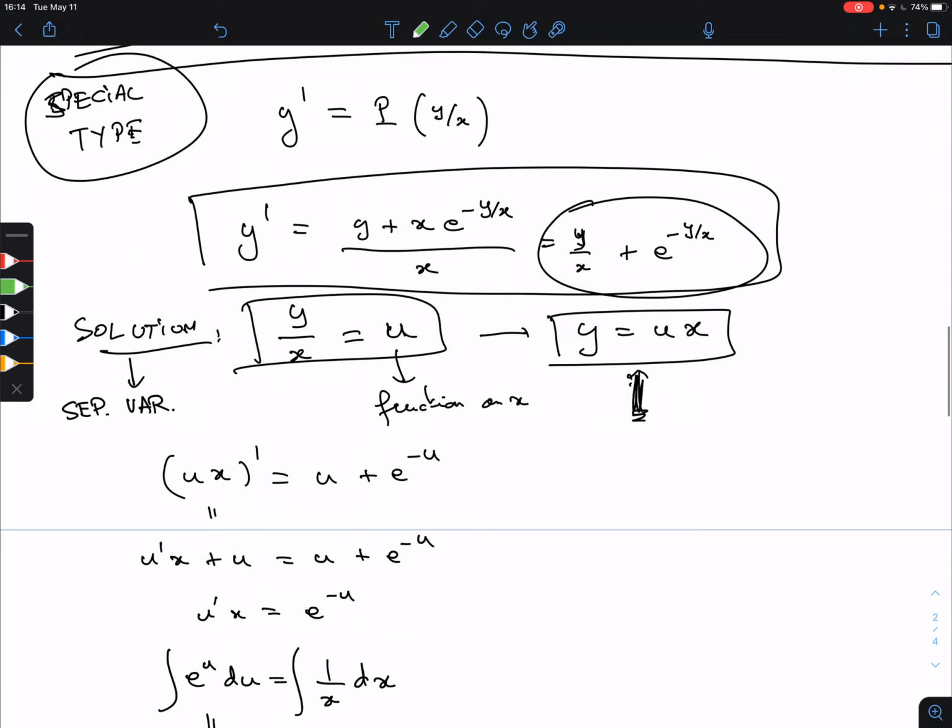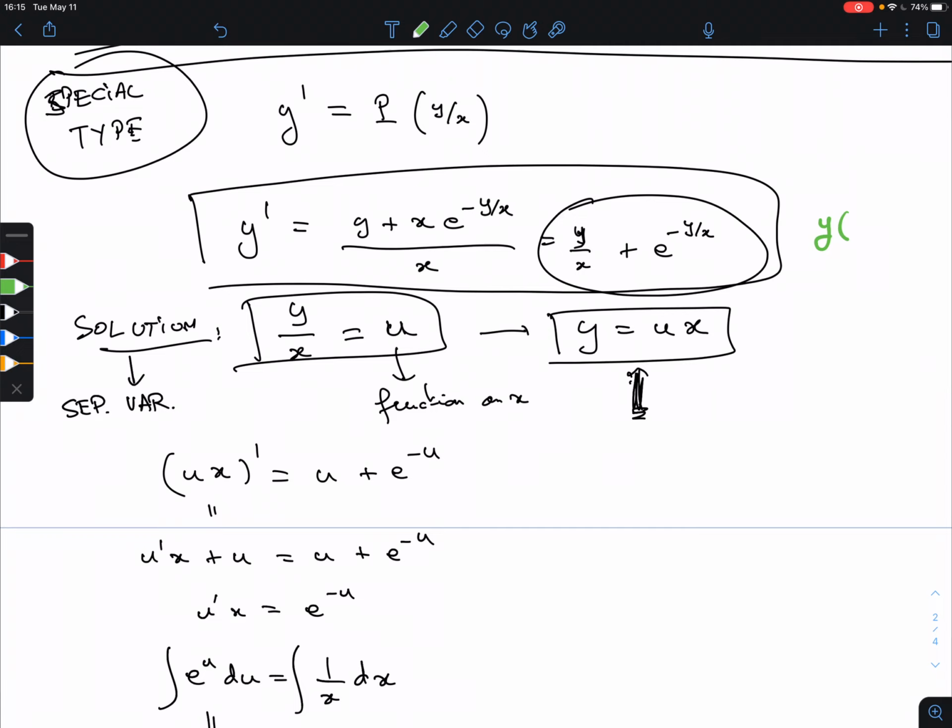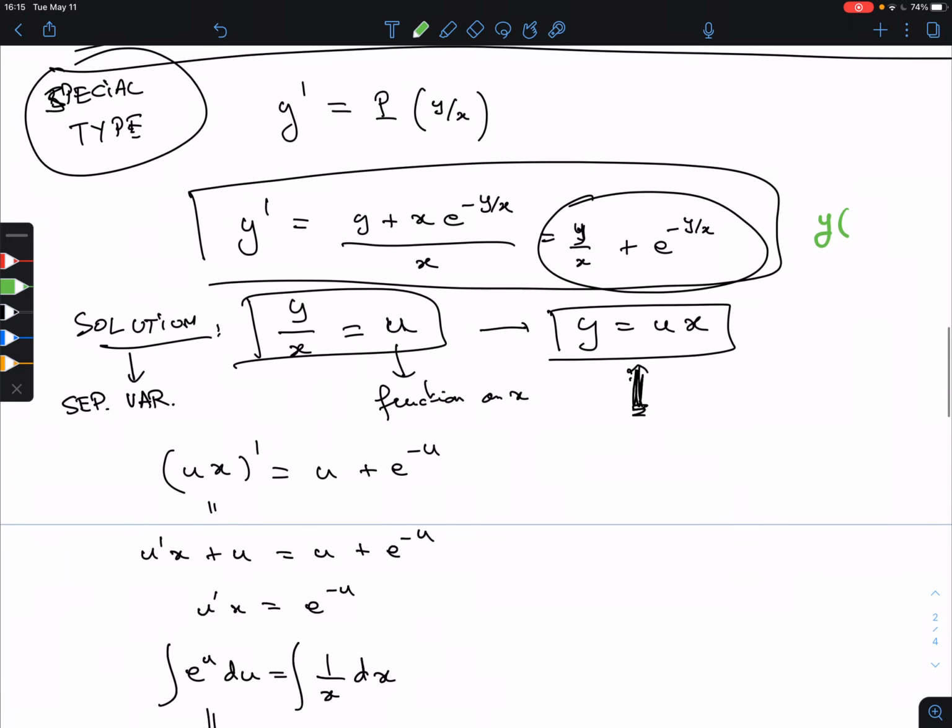So suppose, where was my equation? This was the equation. Now we have to be careful. I cannot ask something to happen at 0 because we are talking about fractions y over x. I'm dividing by x. So I have to say something like y of 1 is 2. That's my initial condition.